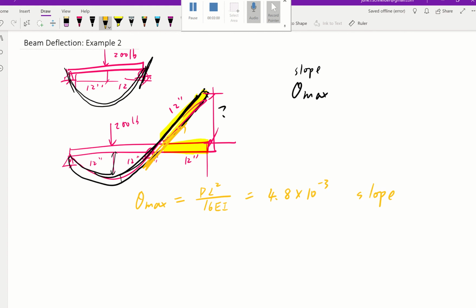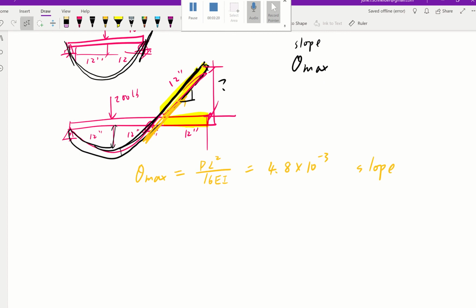Okay, so now if we know the slope, its slope is basically right here, and slope is rise over run, right? And now how do we solve it? We have to think about when the angle is very small, when theta is small, then we know the tangent of that angle is going to be equal to the angle itself in radians.